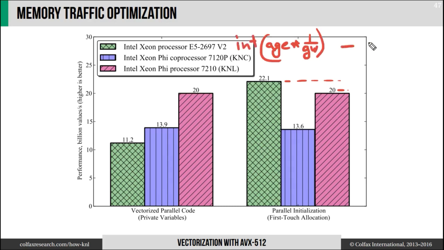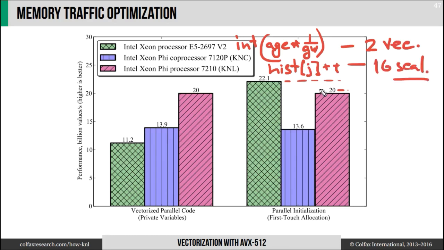So I have 2 vector instructions, and after doing these 2 vector instructions, I will be incrementing my histogram. And I will do it 16 times. This is how many values I have in a single vector instruction. Clearly, this workload is mostly scalar. And even for a scalar workload, Xeon Phi of the second generation is almost on par with a powerful Xeon.